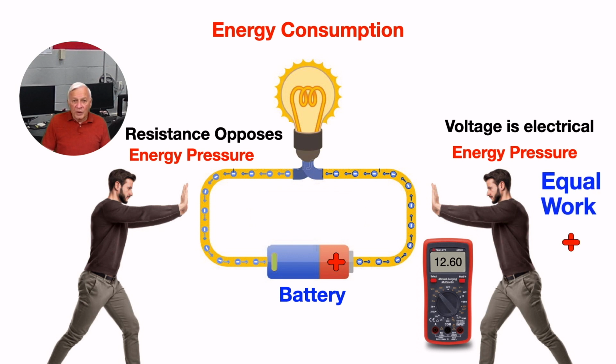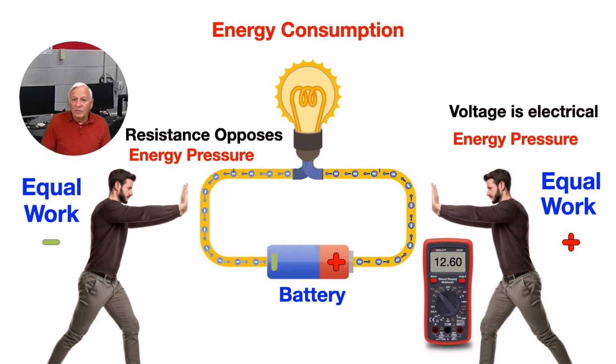Equal positive pressure against equal negative resistance causes friction, and that friction is what makes the load work. The positive pushing pressure will be exhausted, consumed, used up, utilized, depleted by the opposing negative pressure as it does the work.